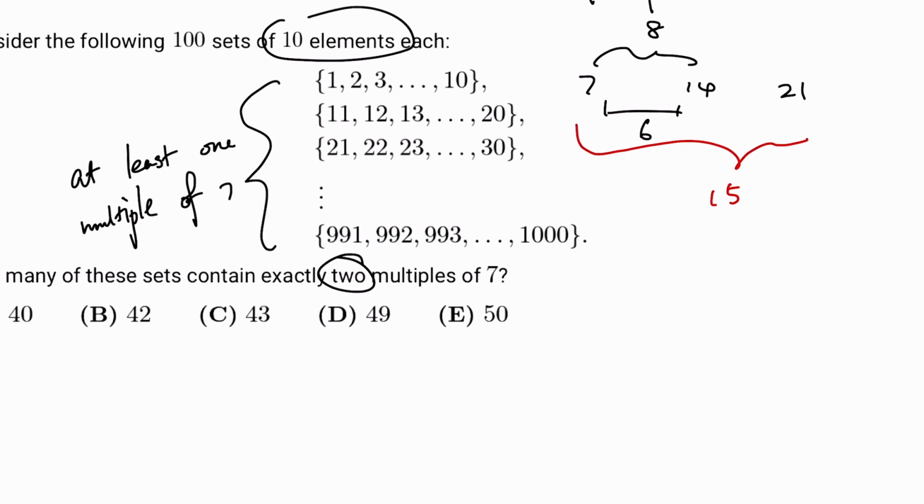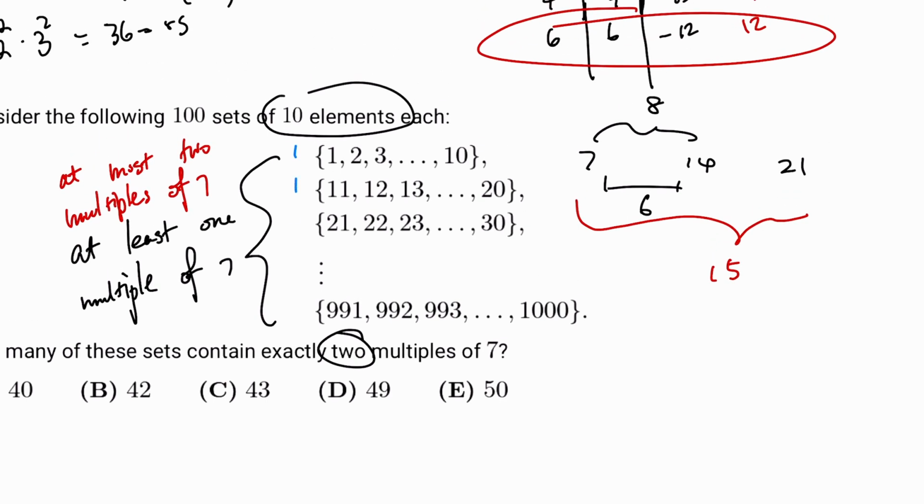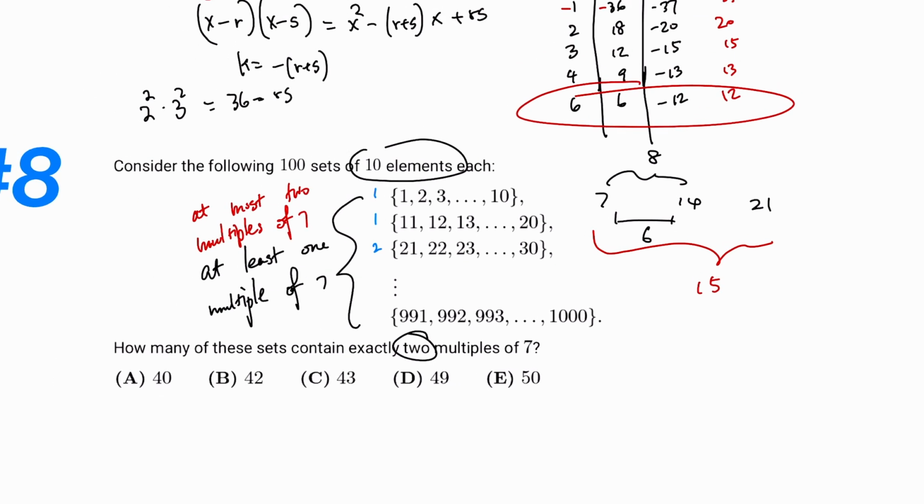So at most, 2 multiples of 7. So all of these have either 1 multiple of 7 or 2 multiples of 7. And we want to find how many have 2 multiples of 7.